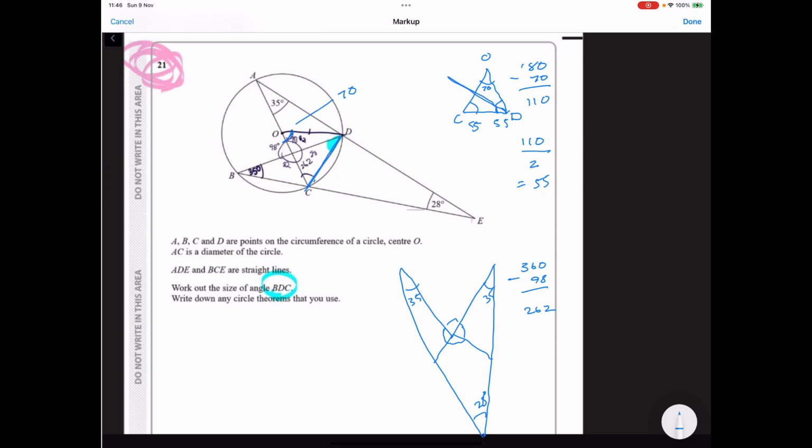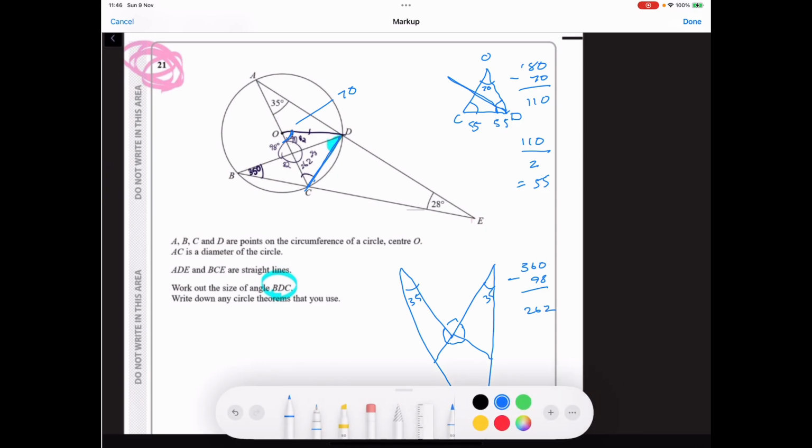So we know this whole angle here is 262, and we know that this angle here is 98. Now we can use this piece of information to divide this down.